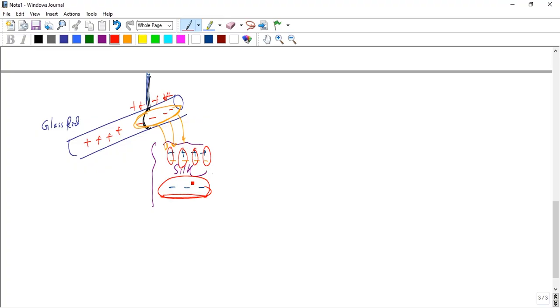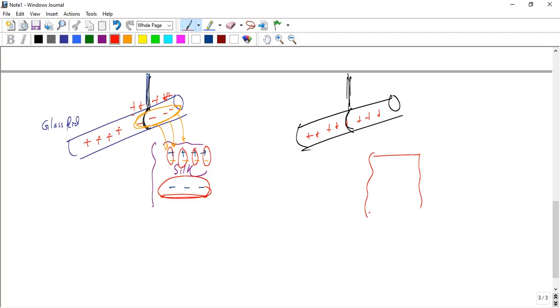This is the concept. If losing electrons means plus, then after rubbing with the silk thread, the glass rod gets all plus, and the silk gets all minus.